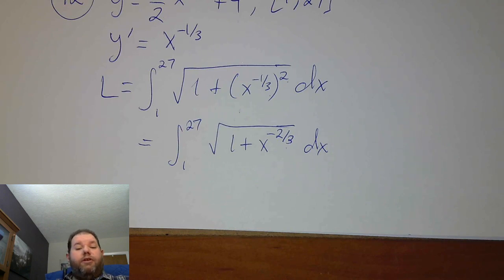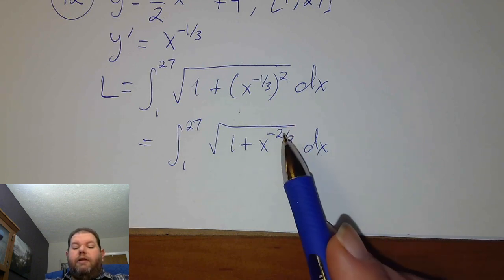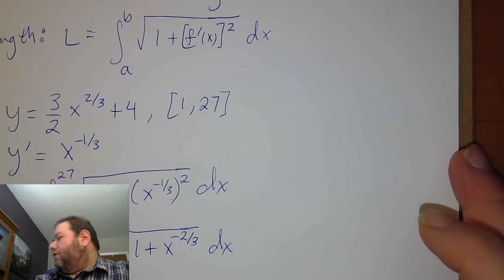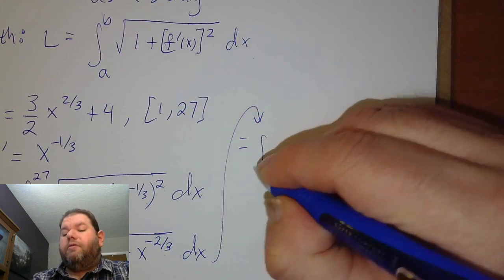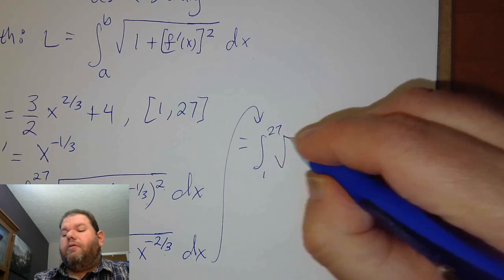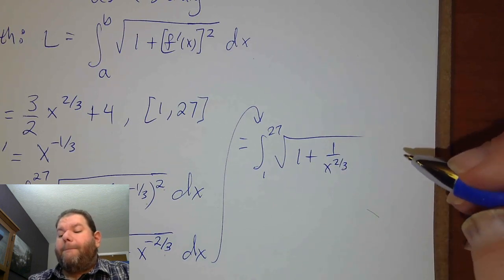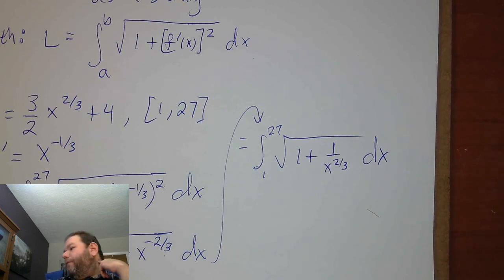Now, part of the issue is that we have x being raised to a negative exponent right here. X to the negative 2/3 is the same thing as 1 over x to the 2/3. Let me write that down over here. This is going to be a little bit of an involved approach, but this is kind of our standard approach that we use for arc length questions.